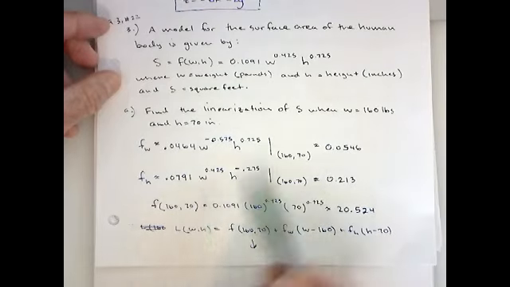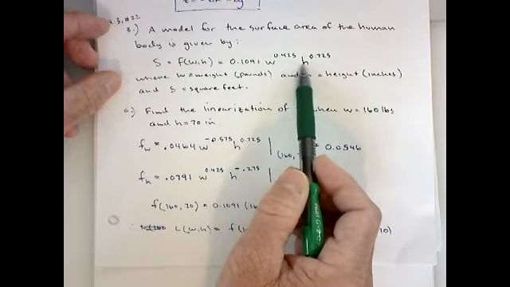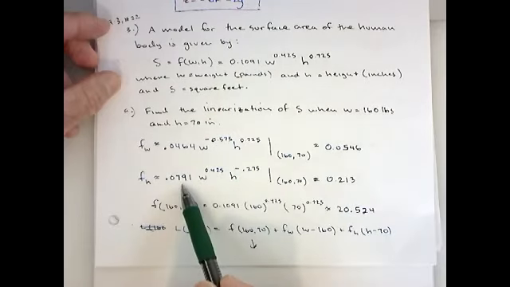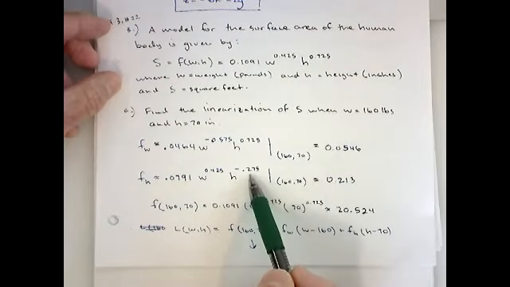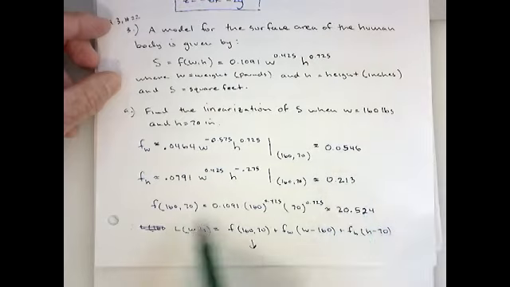F sub h, similar. Keep w the same this time because that's constant multiplied by my variable. So I brought 0.725 down times this fraction, decimal, and then subtract 1 from your exponent. And when I evaluate that, I get 0.213.